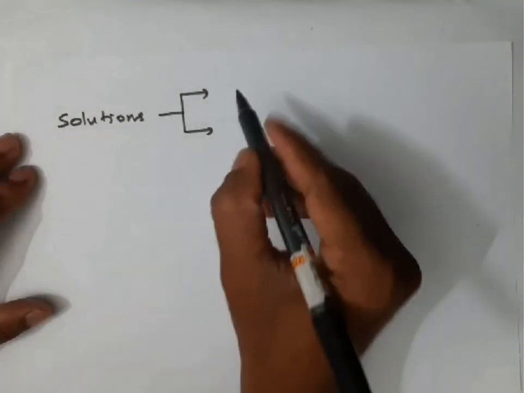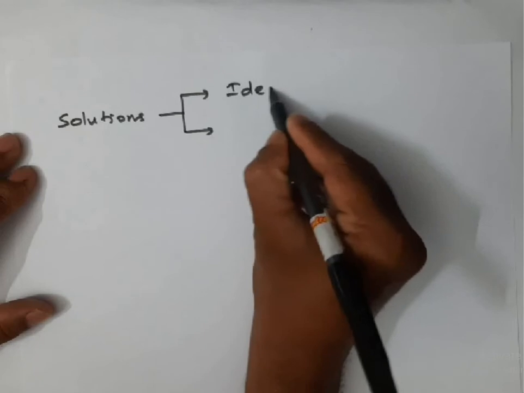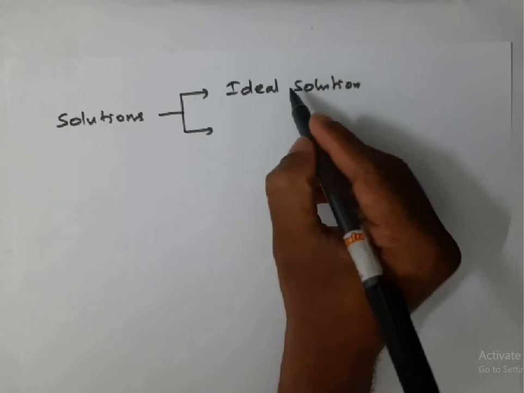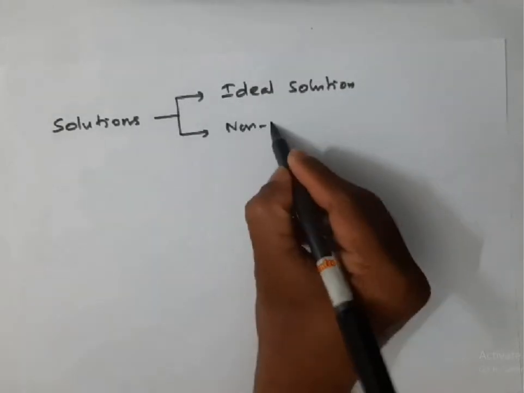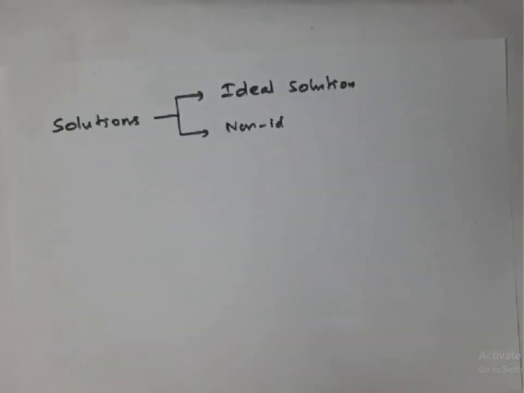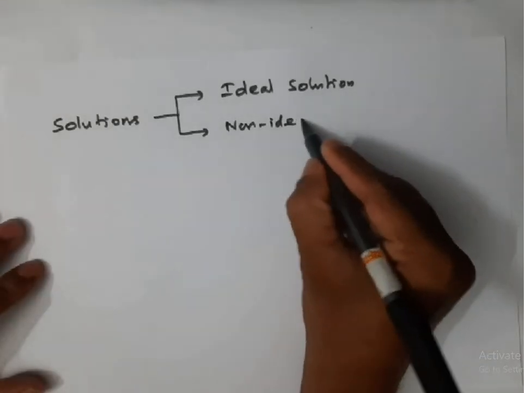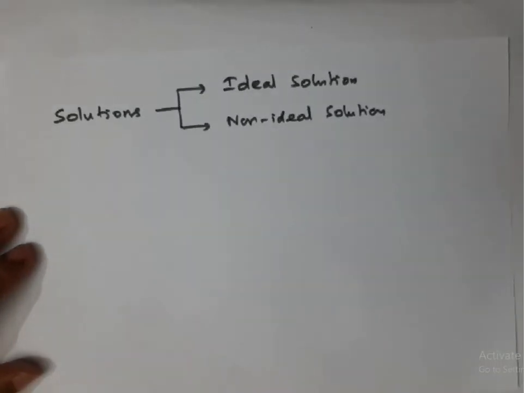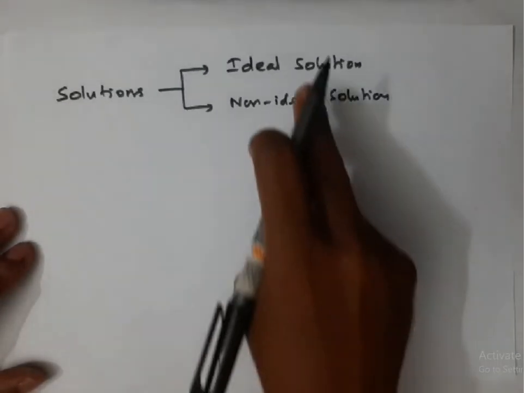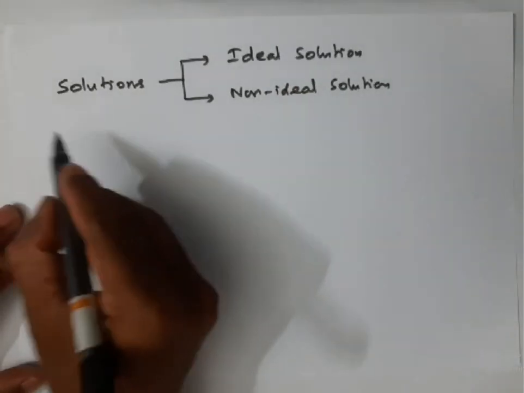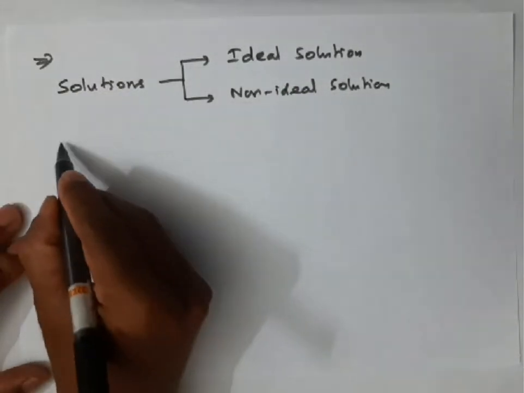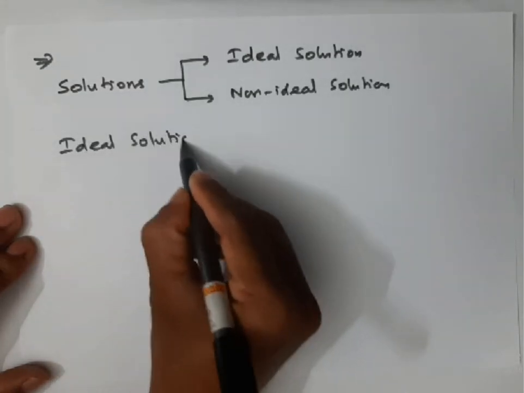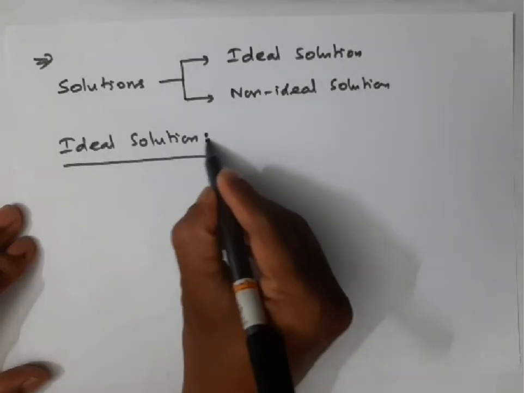Number one, ideal solution, and number two, non-ideal solution. We have two types of solutions, ideal and non-ideal. First, let me take ideal solution. Then we'll discuss non-ideal solution.